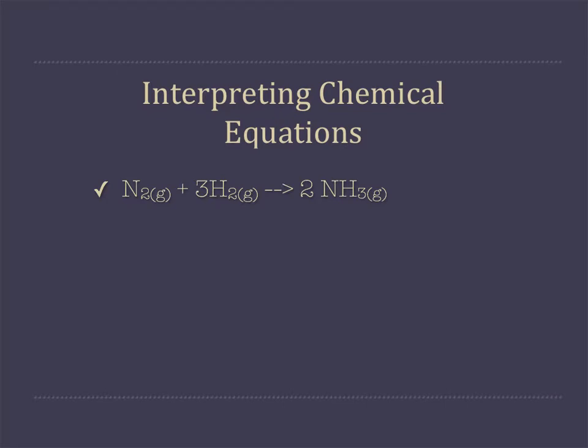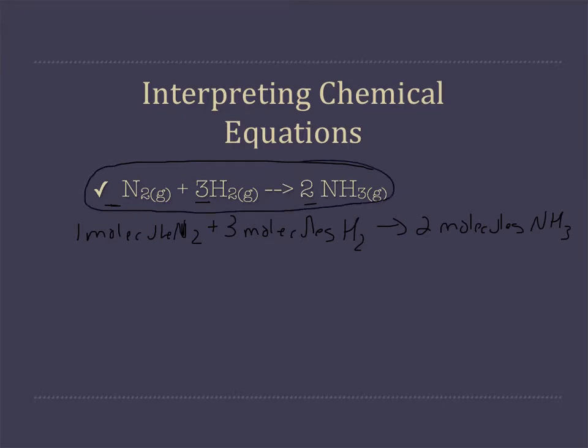Based on the coefficients, so this is going to be a 1 here, we know that one molecule of nitrogen would react with 3 molecules of hydrogen, and that would produce 2 molecules of NH3. So that's one thing that we can determine from this equation.